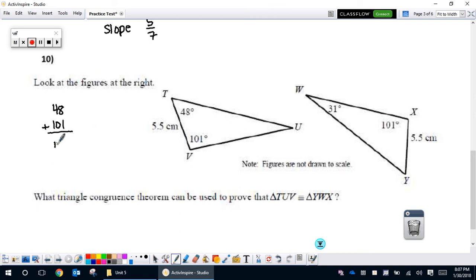So this is 149. 180 minus 149. 31. Okay. So this guy has to be 48. So now I'm just going to look at one of the triangles. So if I look at one of the triangles, I can see that I have an angle, a side, and an angle.